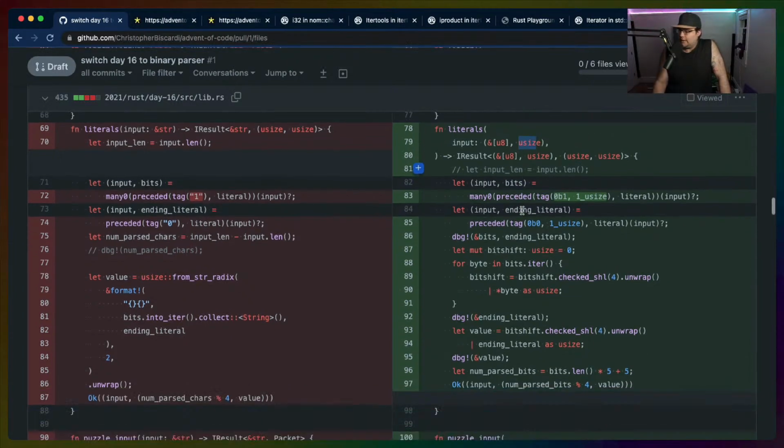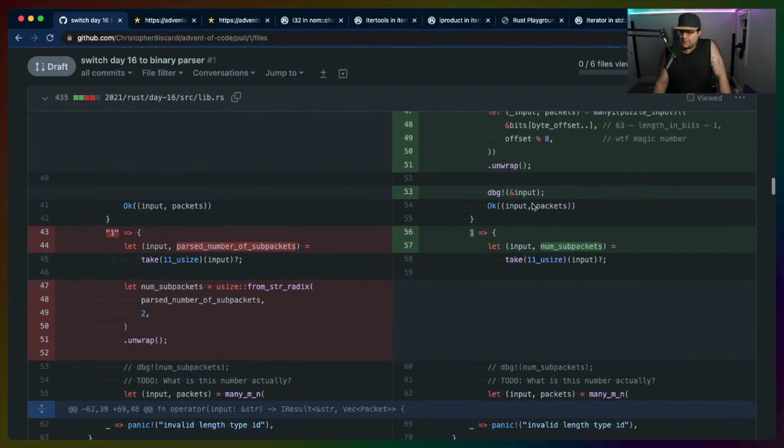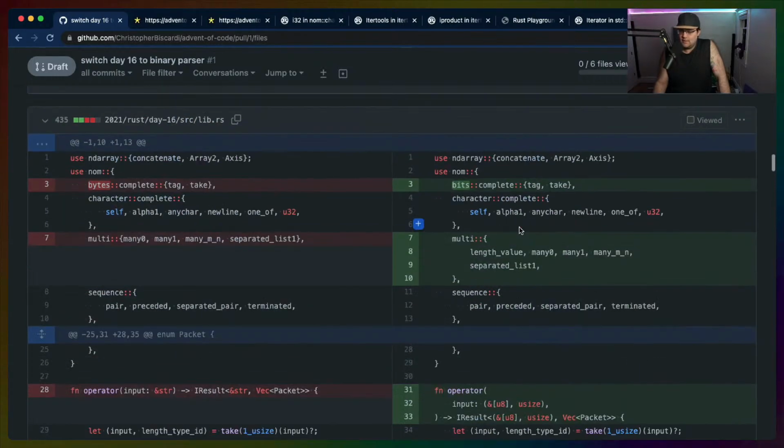And everything else just kind of works, right? I didn't change any of the combinators that I'm using. I changed the imports for tag and take to the bits combinators instead of the bytes combinators, for possibly obvious reasons, because we want to take bits or we want to take bytes.